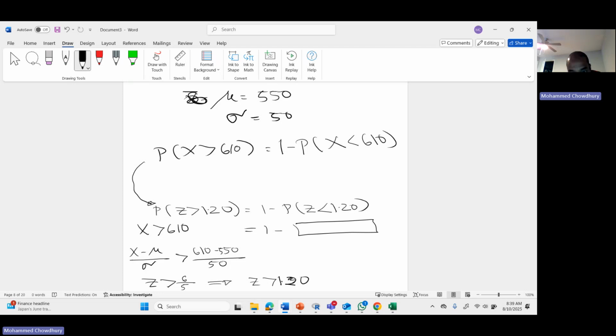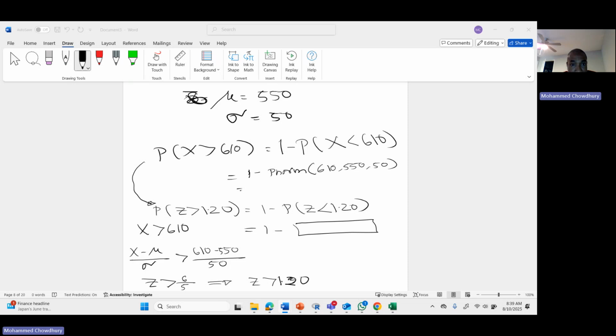Another approach is just directly computing this by using R and Excel formula. In this case, you can do 1 minus pnorm, 610, comma 550, comma 50, then you will get the result.